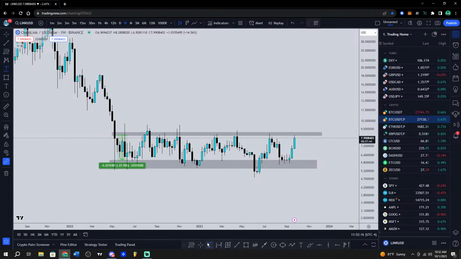27% from top to bottom, 38% from bottom to top. No stop loss needed. Oh god. And these are the wicks.